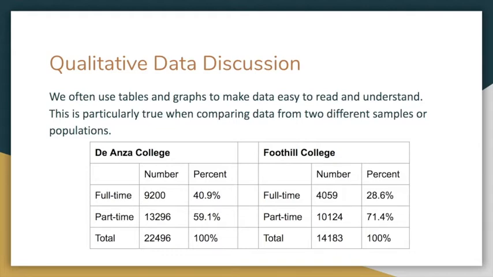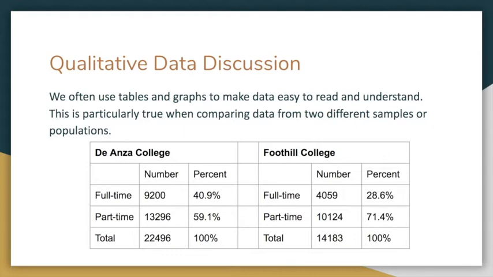And so if all you had were the raw numbers, part-time students versus full-time students, you might jump to the wrong conclusion here. For example, if we just looked at part-time students, we see that De Anza College has 13,000 plus, and Foothill College only has 10,000.